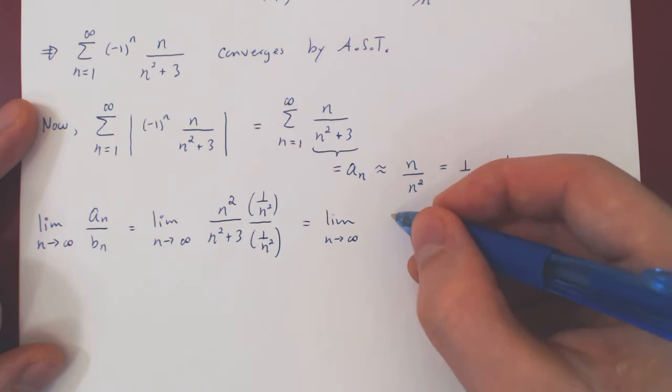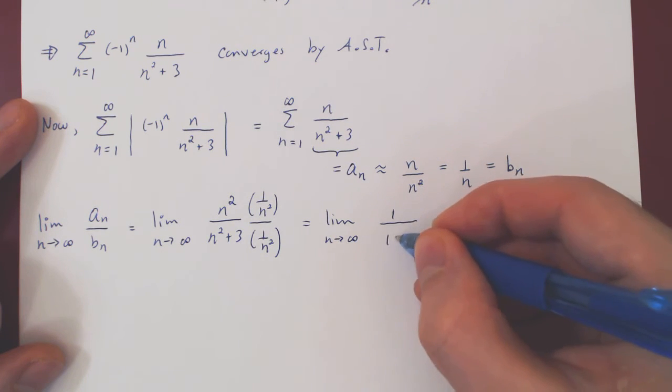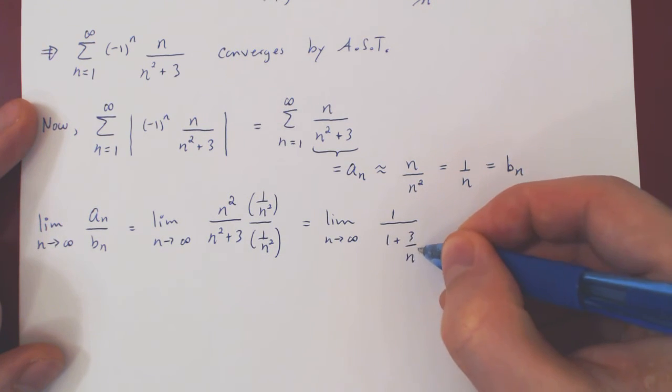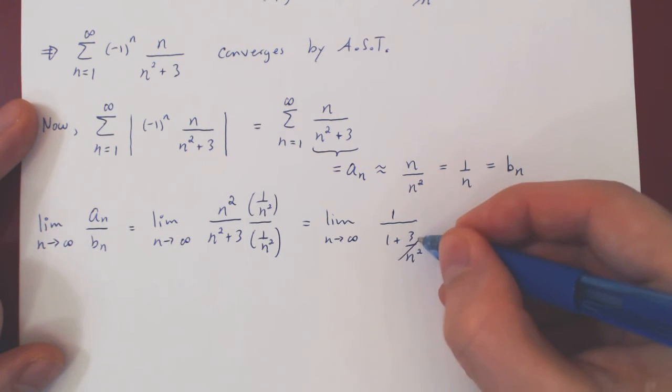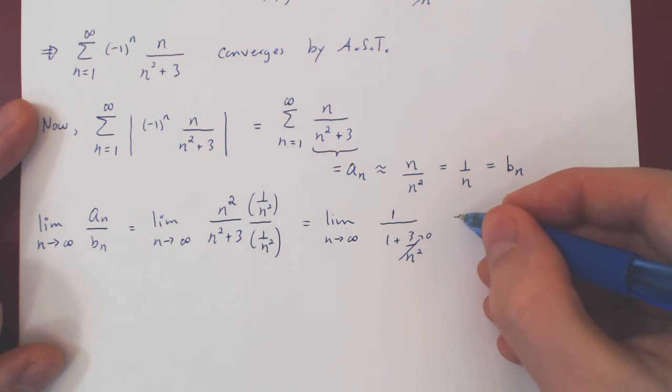Multiplying out, we're left with 1 over 1 plus 3 over n squared. As n tends to infinity, 3 over n squared clearly shrinks to 0, and we're left with 1 over 1, which is 1.